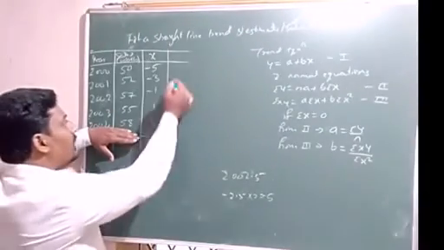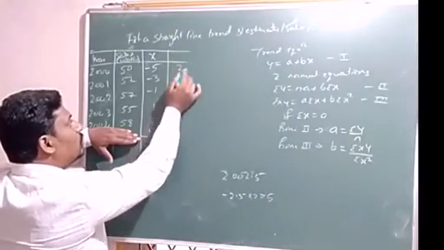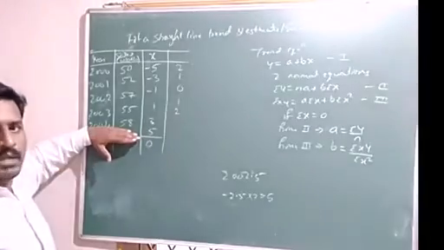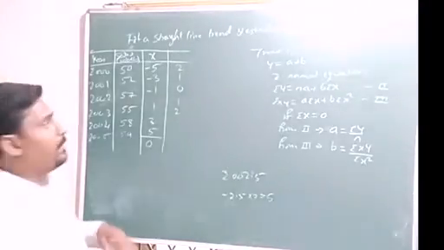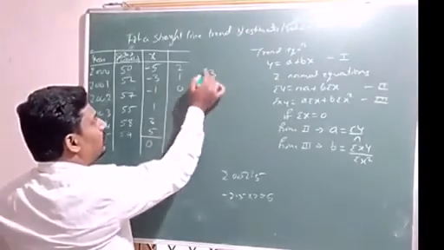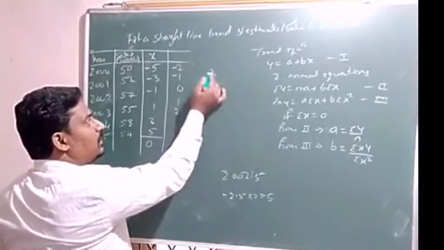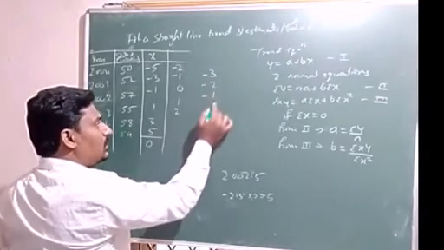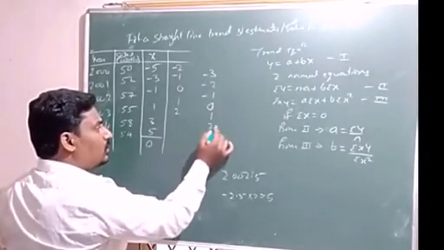So the values of x would be minus 2, minus 1, 0, 1, 2. If 7 years are given, then the x values will be minus 3, minus 2, minus 1, 0, 1, 2, 3.